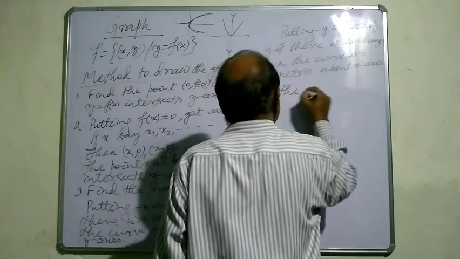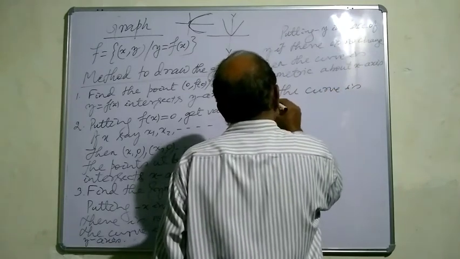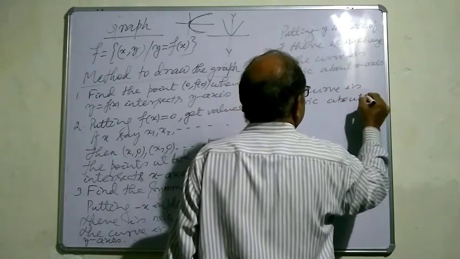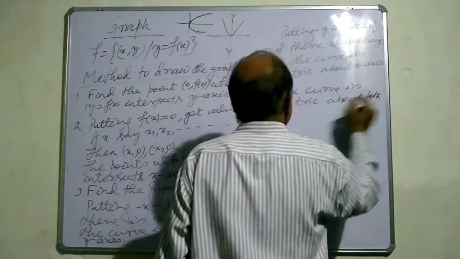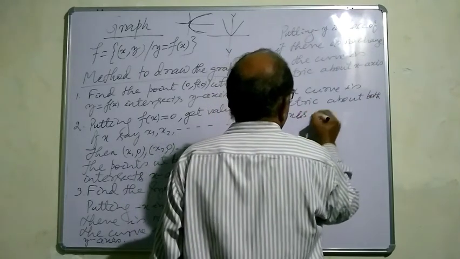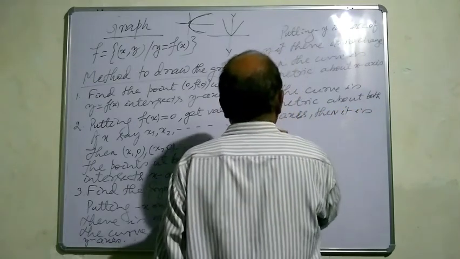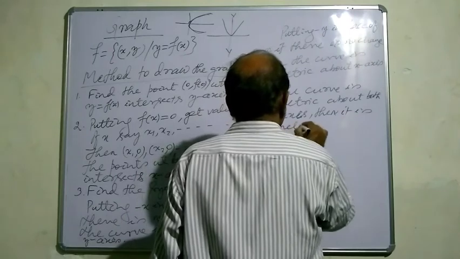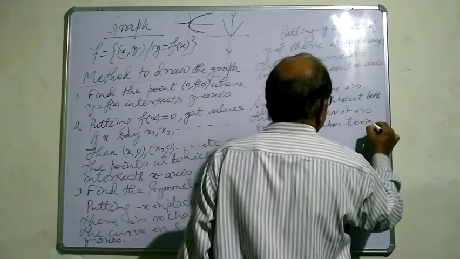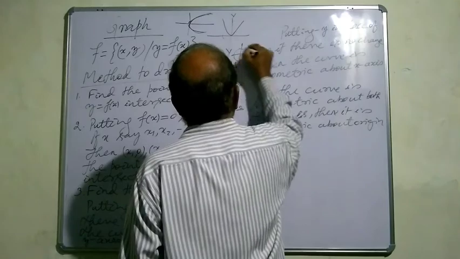If the curve is symmetric about both the axes, then it is symmetric about the origin.